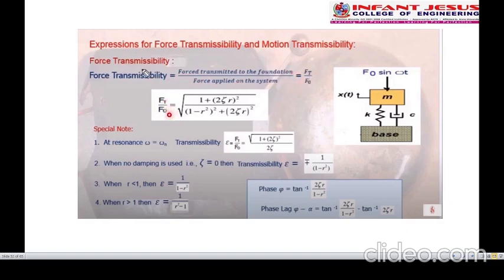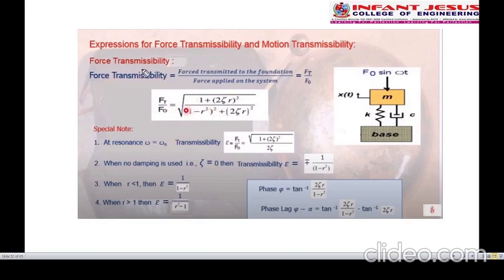So Ft by F0 equals the square root of (1 plus (2 zeta r) squared) divided by ((1 minus r squared) squared plus (2 zeta r) squared). We already studied this formula in the earlier calculations. This formula is important for us to solve problems based on force transmissibility.